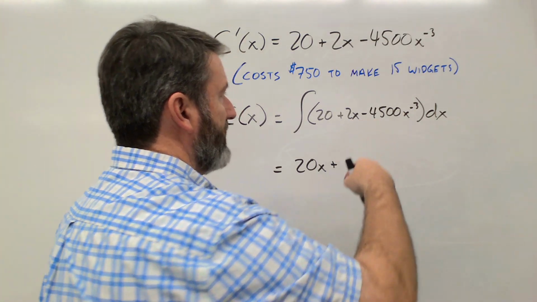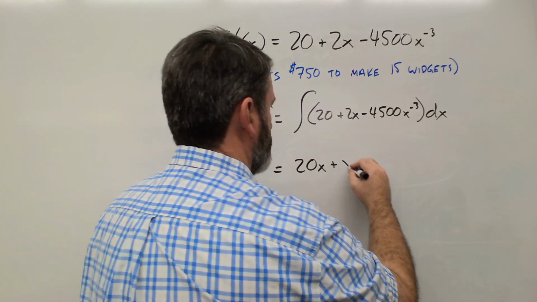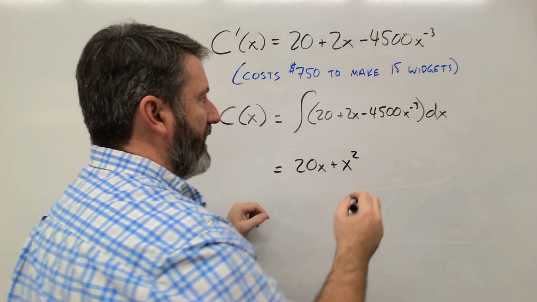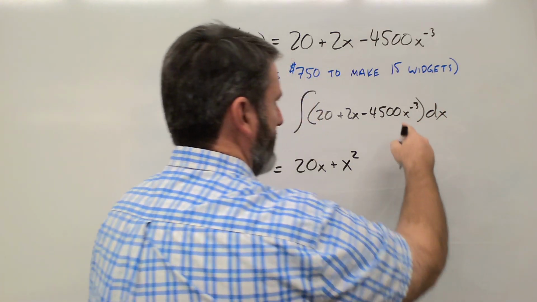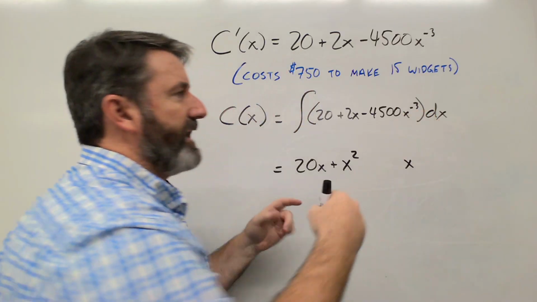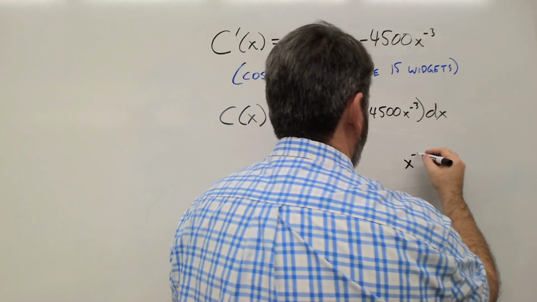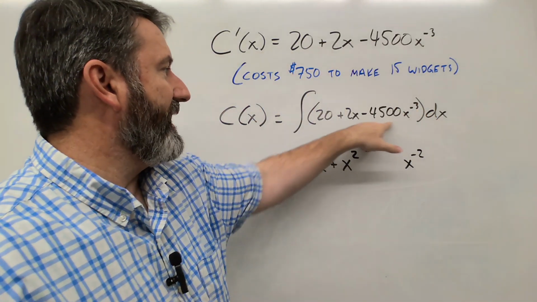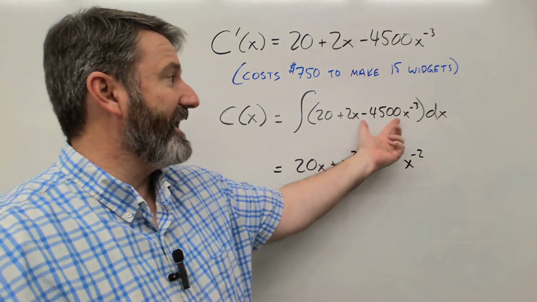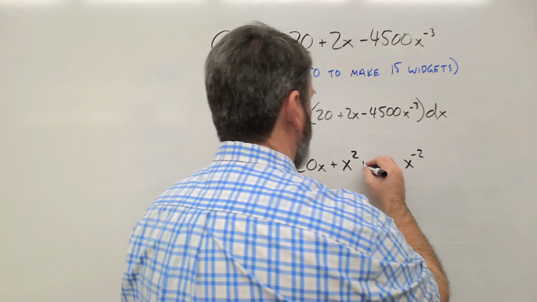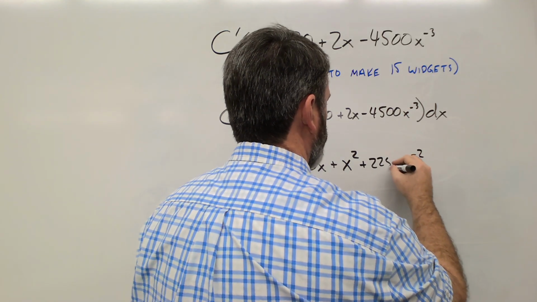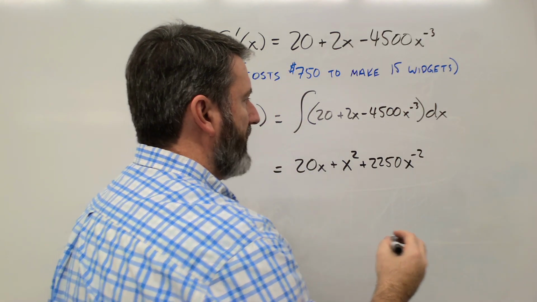So 2x squared divided by 2 is just going to be x squared. And then if we add 1 to our exponent here, x to the negative 3 plus 1 is negative 2. And then we're going to divide by negative 2. So negative 4,500 divided by negative 2 is going to be positive 2,250.